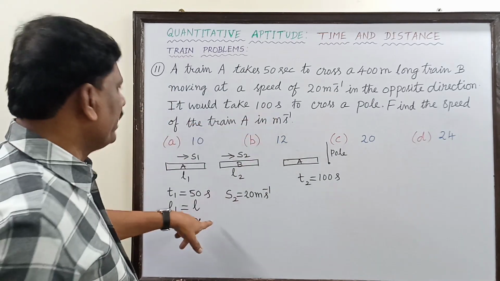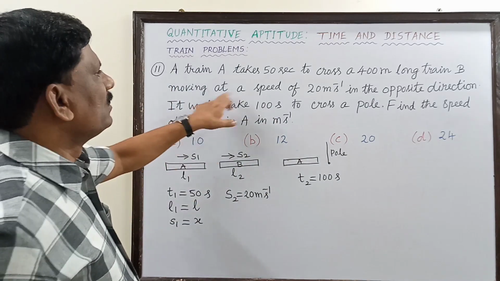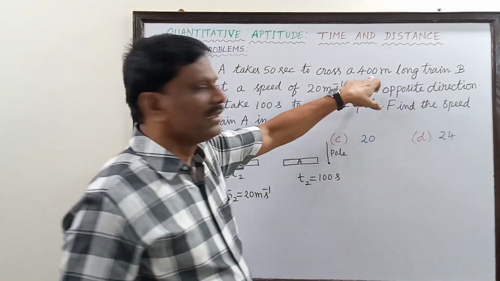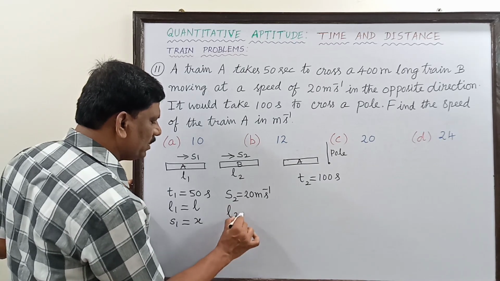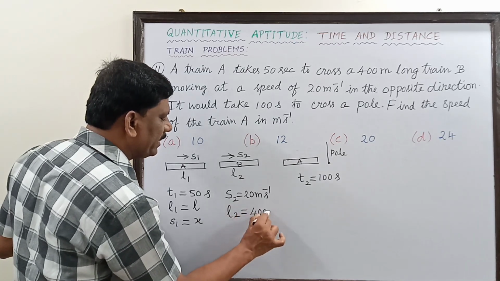And T2 we have written already. The train B has a length of 400 meters, so L2 is equal to 400 meters.